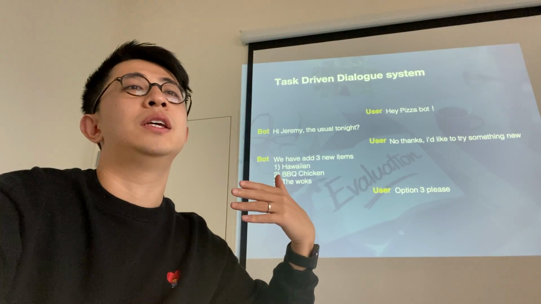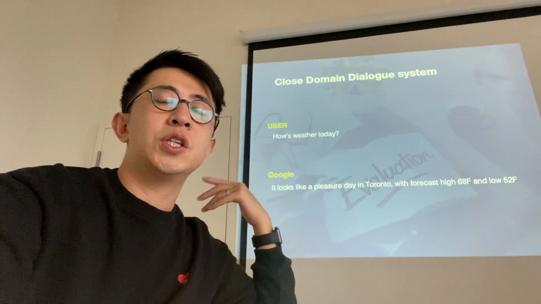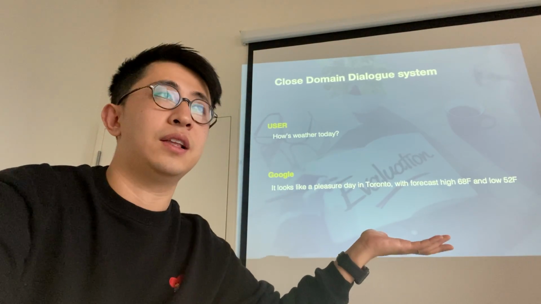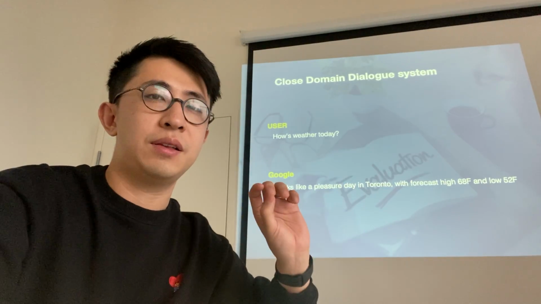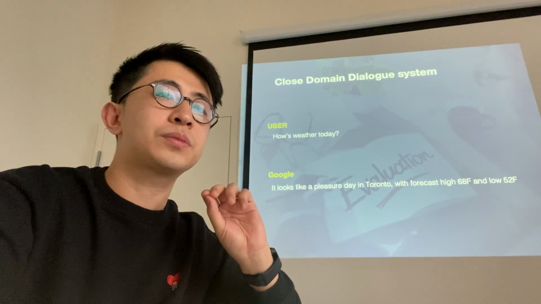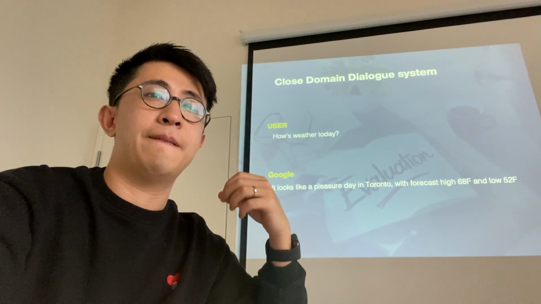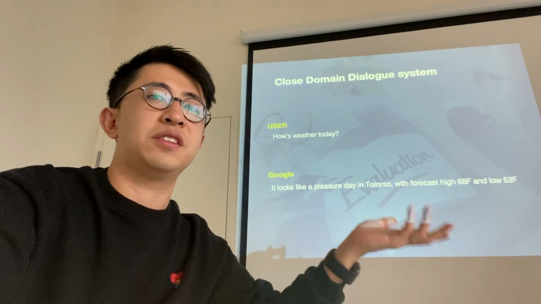Another example is the closed domain dialogue system. Examples are checking the weather, a call center, or a smart TV. A good example is the Google Assistant, which is an example of a closed domain dialogue system.